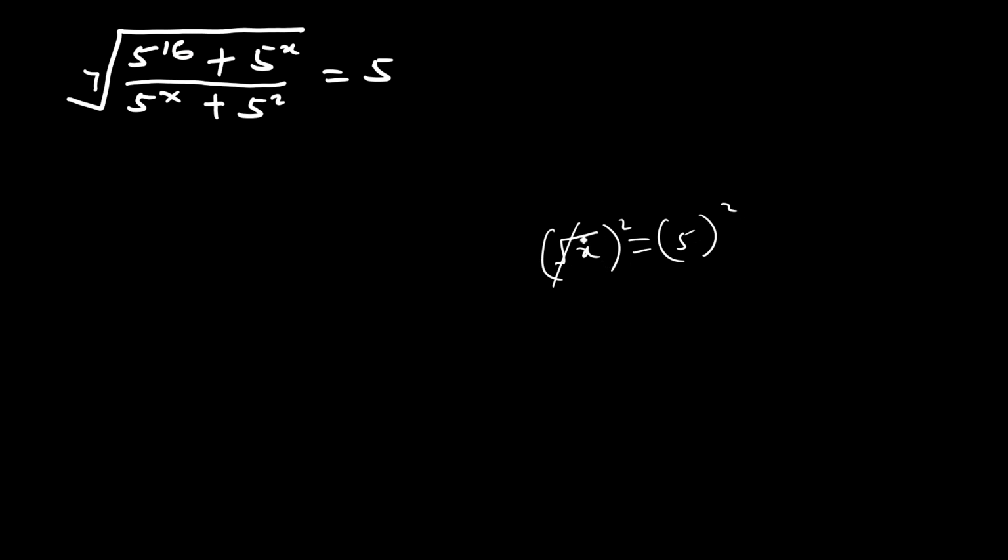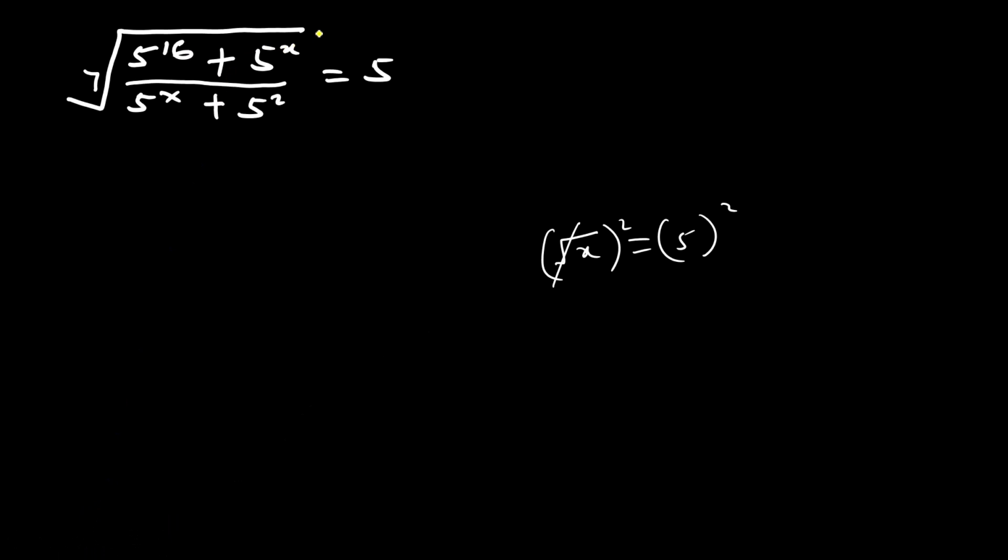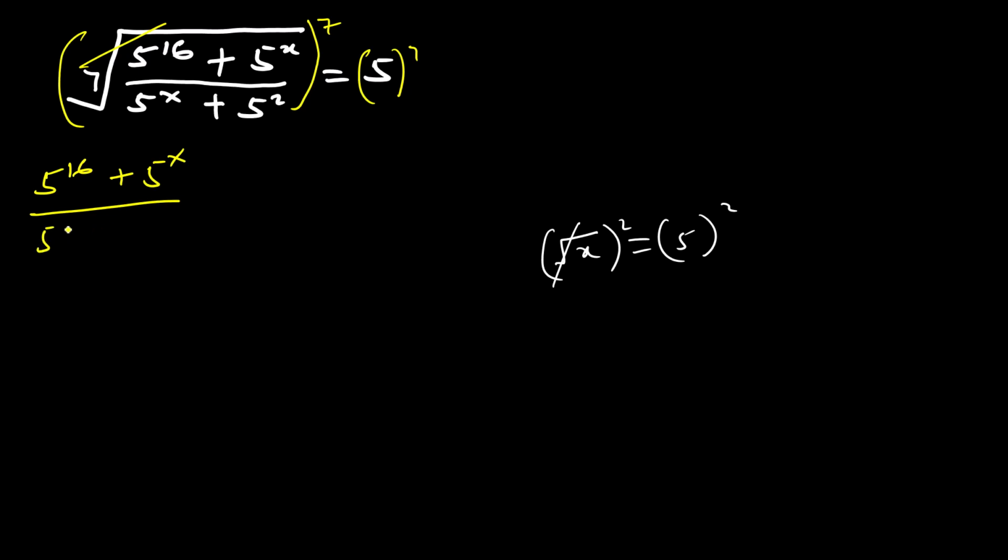Here we have a 7th root, so we raise both sides to the power 7. This cancels the root sign, and I'm left with (5 exponent 16 plus 5 raised to x) over (5 raised to x plus 5 raised to 2) equals 5 raised to 7.